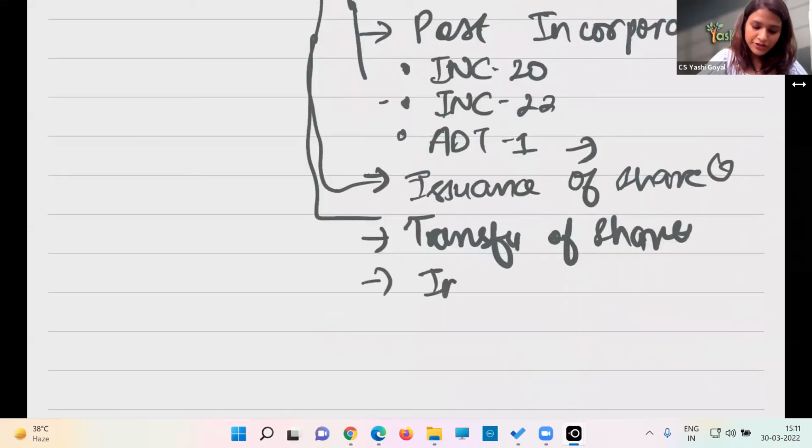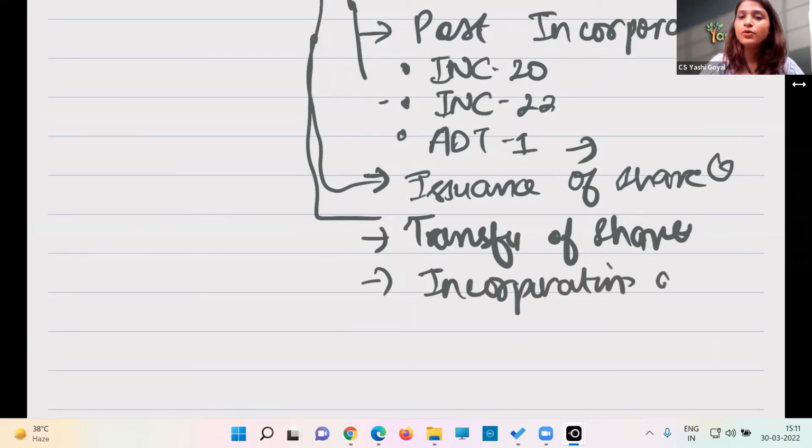I would also be teaching you incorporation of LLP, but it would be taught to you at the last. As you know, MCA Portal 3.0 has come, so LLP is now totally in digital form, and you have to fill forms on the portal only. Previously they were PDF fillable forms, but now you have to fill the LLP incorporation form at the portal, like SPICe for the incorporation of a company.